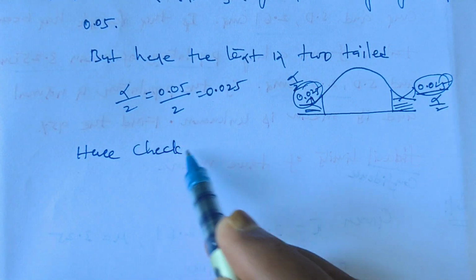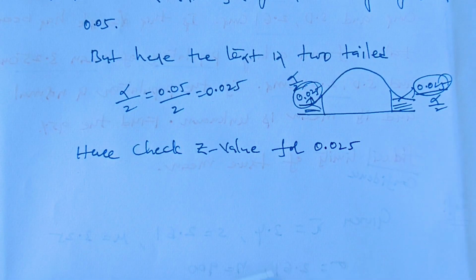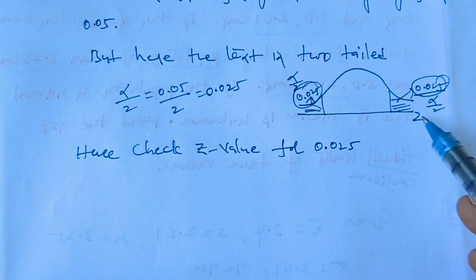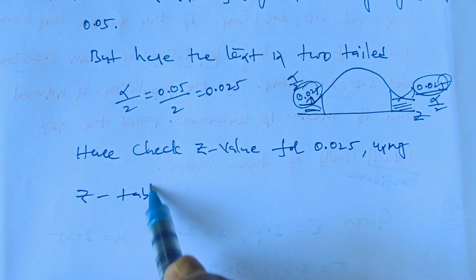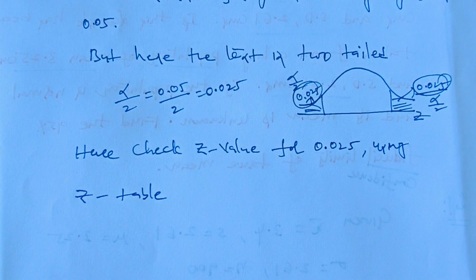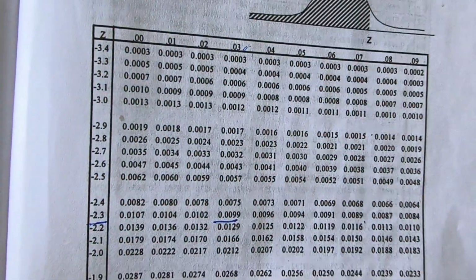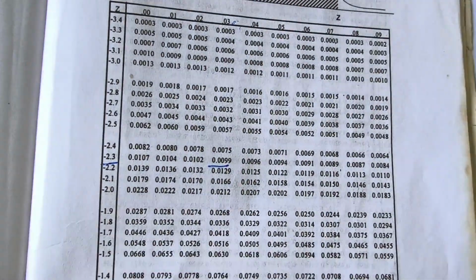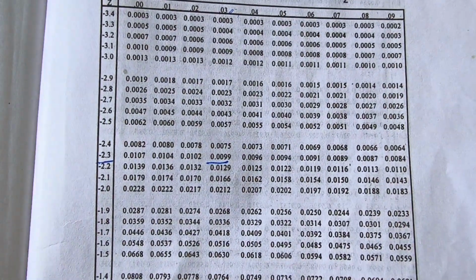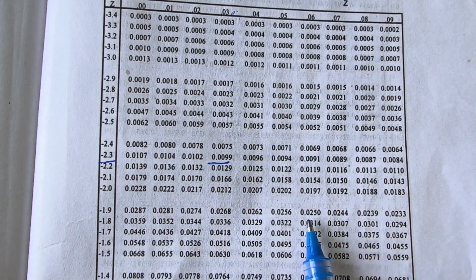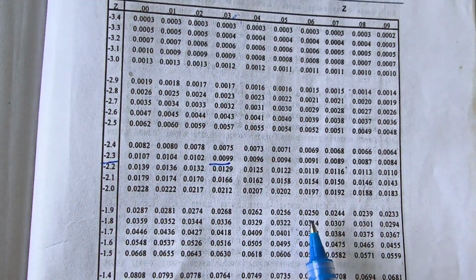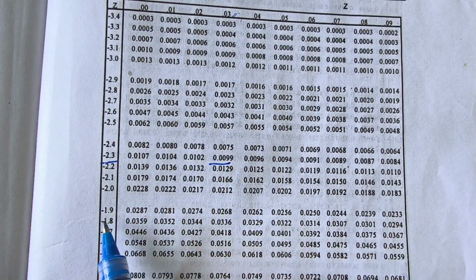So in this case we have to check the z table for the value 0.025. Look at the z table here. Observe the probability, means body part of the z table, the value near to 0.025. This is the value near to 0.025.